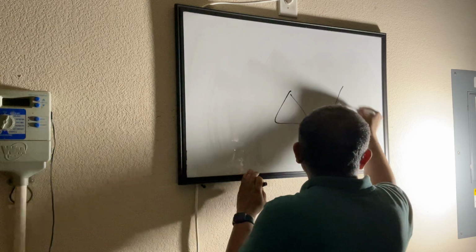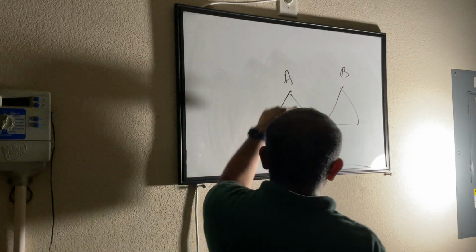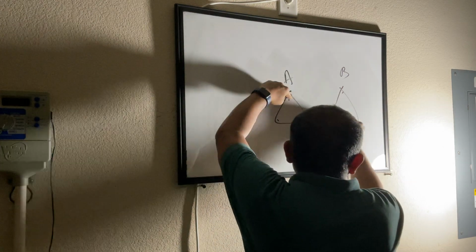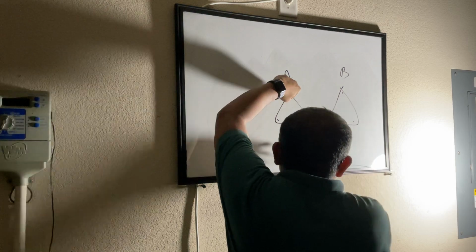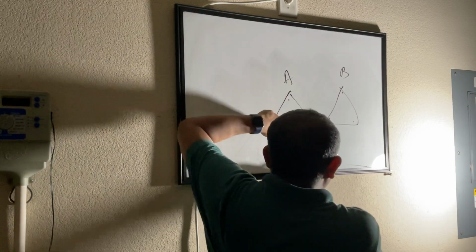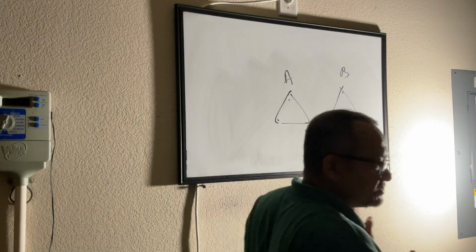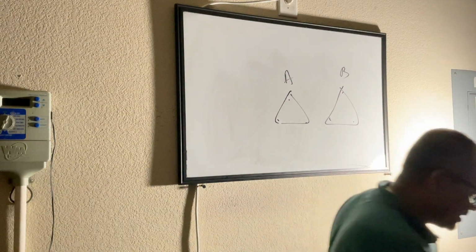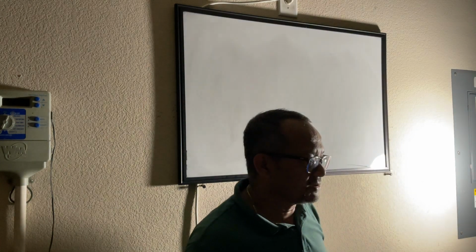So this is triangle A, this is triangle B. If you are saying these two triangles are similar, you will pick up the three angles, and pick up the matching angles, the side opposite to that. That ratio, the second matching angle and the side opposite to that, the third matching angle and the side opposite to that, will be the same ratio. That is the takeaway. So similarity ensures that the angles match and the ratio of the sides opposite to those matching angles match.